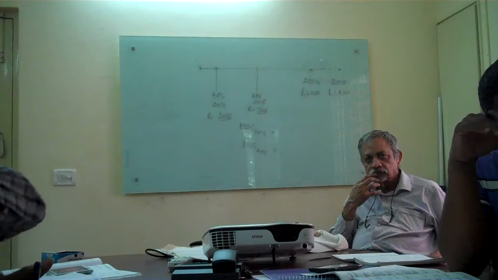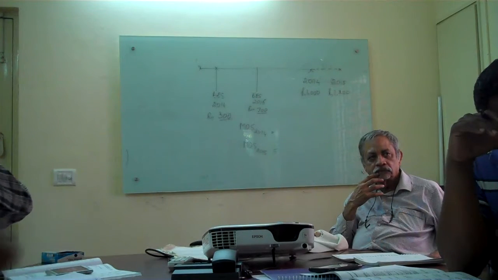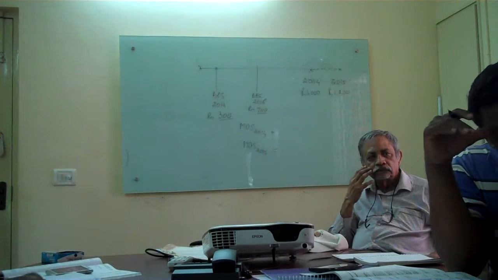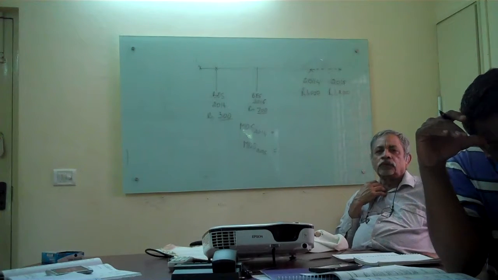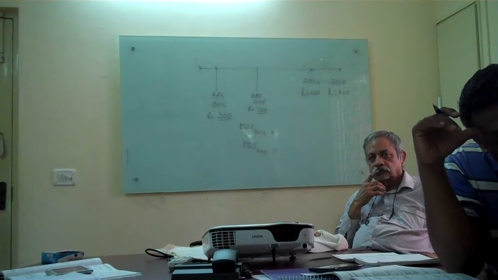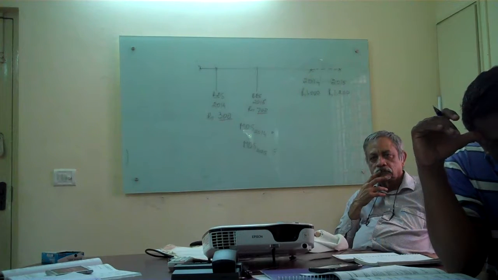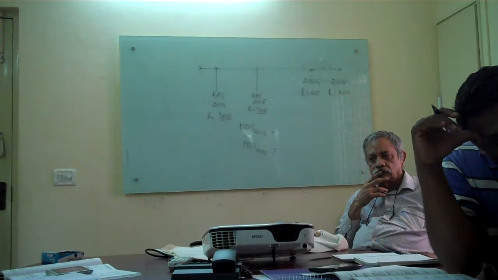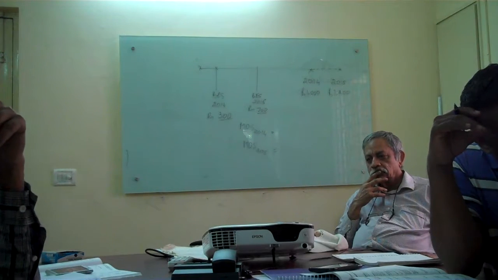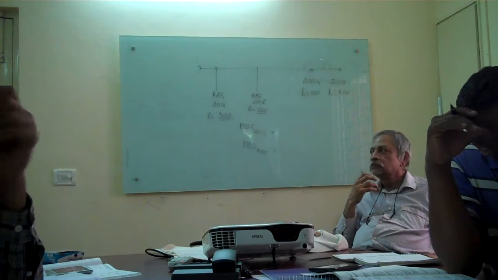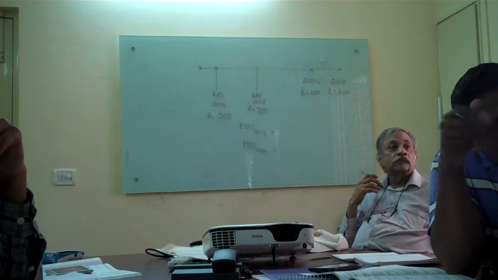You found it right. 7065 minus 199. It is decreased, right? Last year it was more, this year it is less.